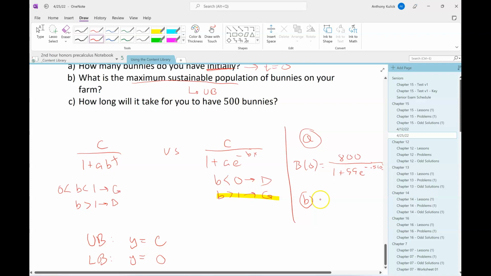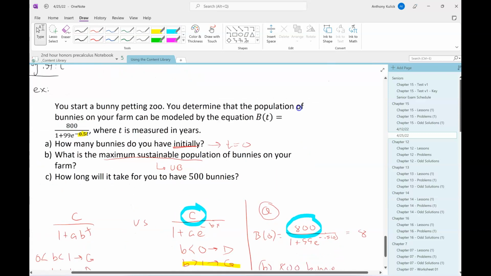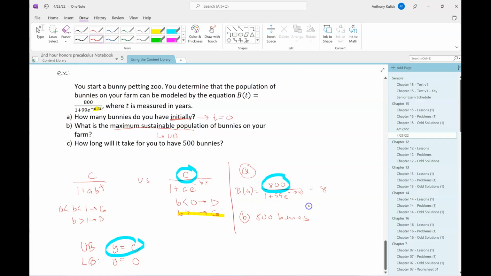So in our case, what's the upper bound? 800, right? So the C is just 800. Well, easy. Again, no mathematics there, I'm just using some definitions. Everybody's still okay?